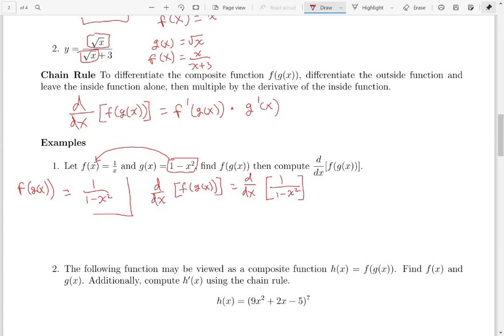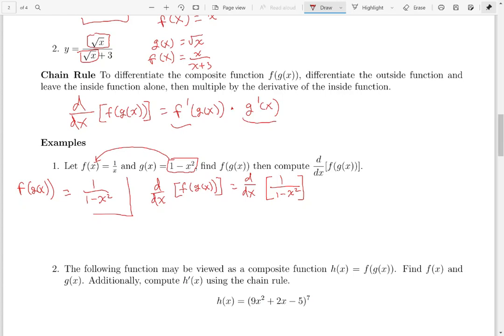Either one is perfectly fine. Okay? Now, for the time being, with this f of g of x, using the chain rule, it might be easier to find a couple things. Find f prime, find g prime, and then just plug everything back in like it's supposed to.